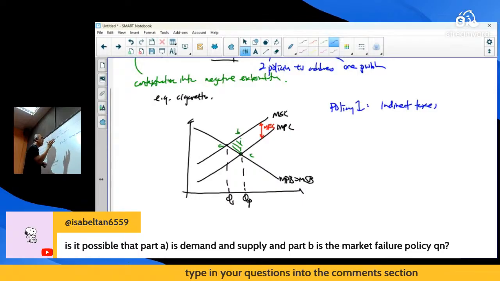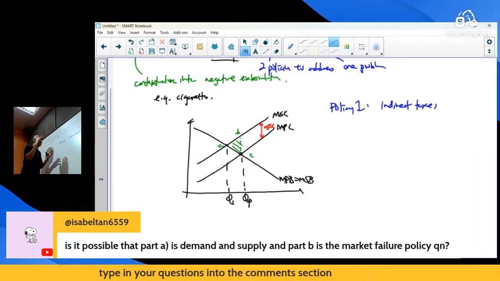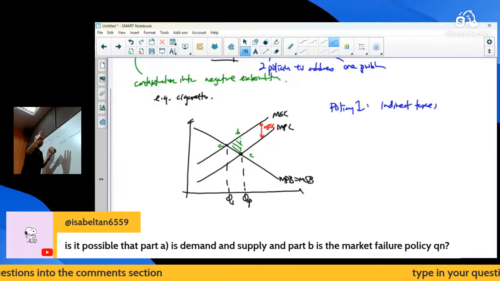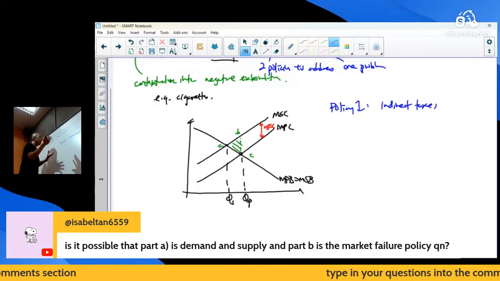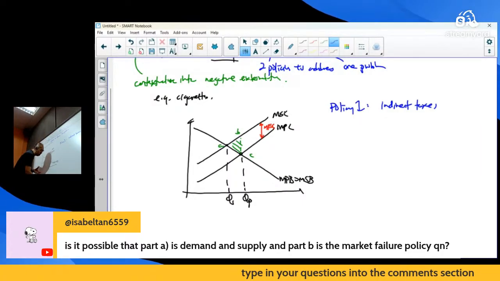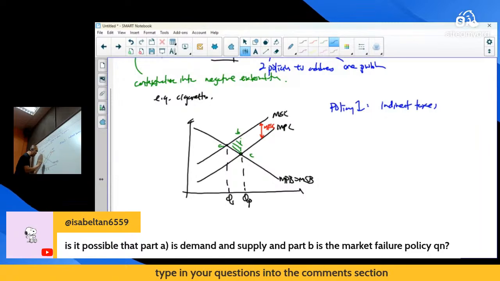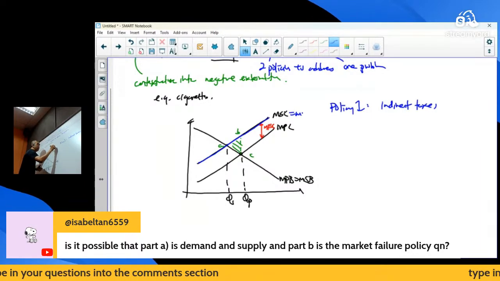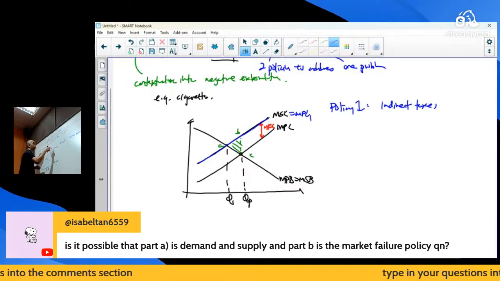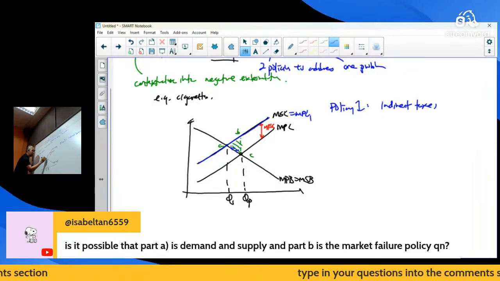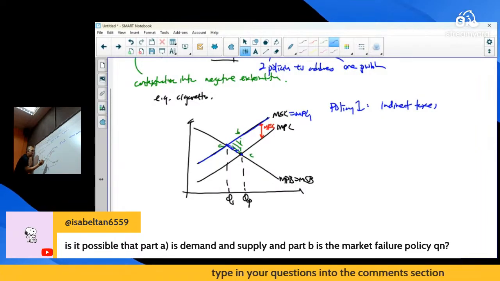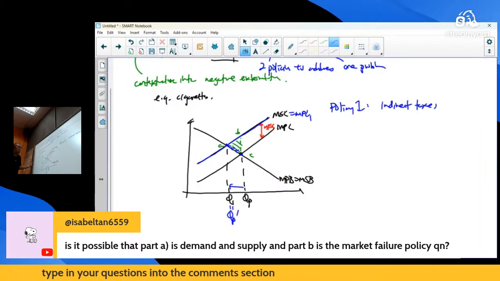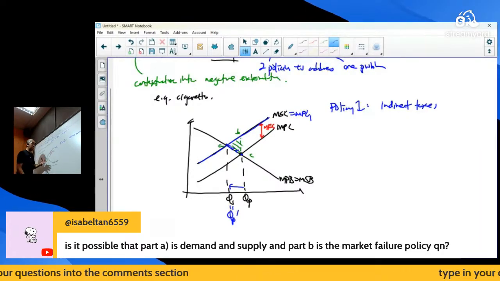If you use indirect taxes, what this could do is to increase the marginal private cost to the consumer, pushing the MPC up to MPC1, which is equal to the MSC. Then you bring your market from point C to point A, lowering the private optimum QP to QP prime. So this would be one policy you can use.